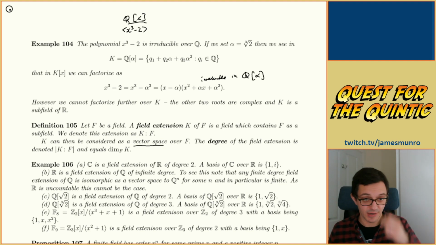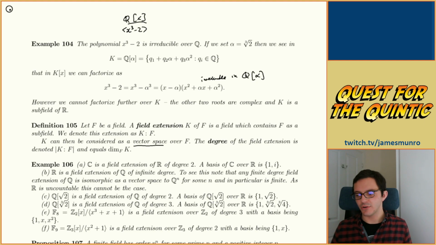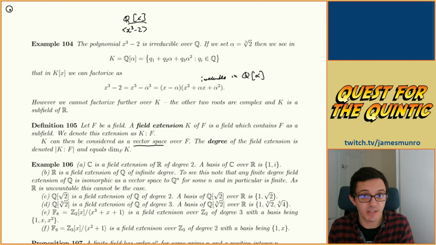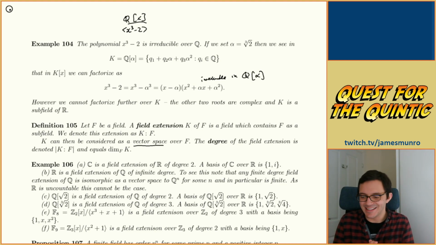Let's do C and R again. The complex numbers are so nice, everything's got an inverse, you can multiply and add, that it's fine to consider all of the stuff in C as vectors over the reals. When you try to multiply a complex number by a real, of course you can, because reals are complex numbers and you can multiply those things in the field C. But you can also do linear combinations, add them, it's all fine.